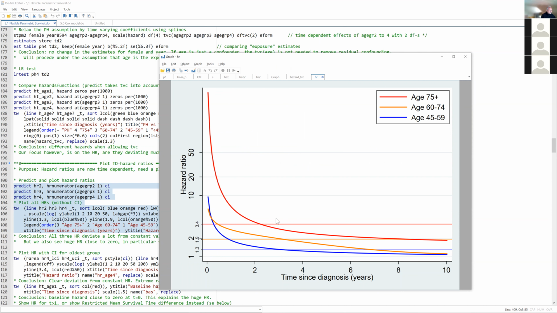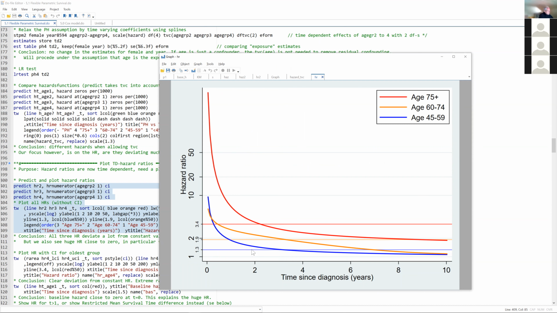And as you can see, they are quite different. Although without the confidence intervals put in, we cannot really decide if they're significantly different or not. But we know from the likelihood ratio test that they are different. It's difficult to put in the confidence intervals in a plot like this one because it gets a bit cluttered.